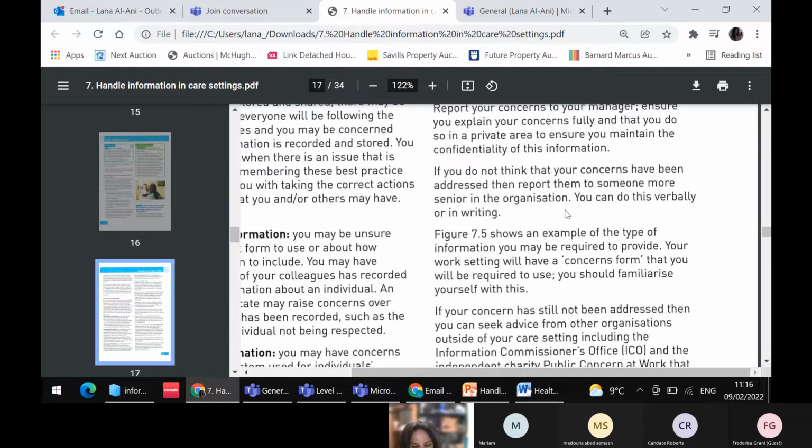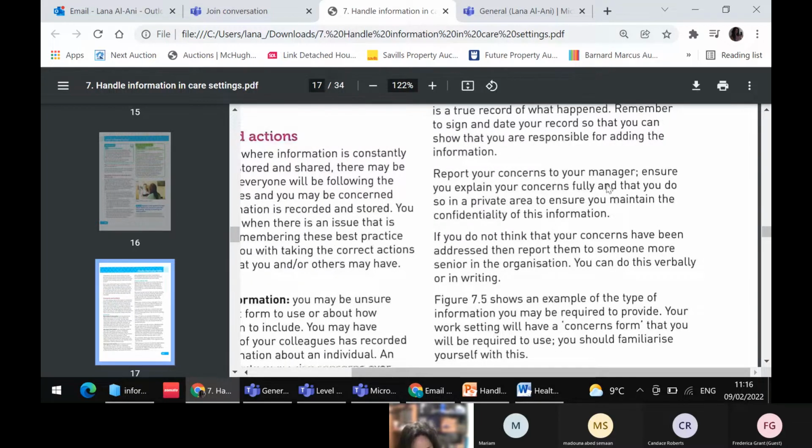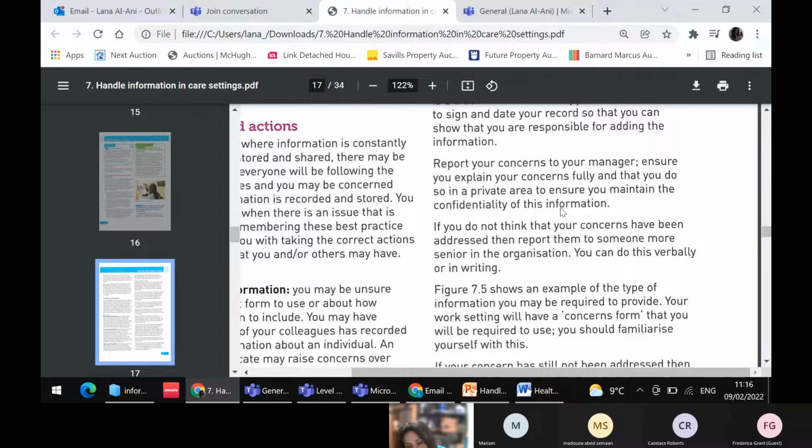After that I need to take my concerns to my manager and ensure that I explain my concerns fully. And this should be in a private area so I can ensure that the information is still confidential.